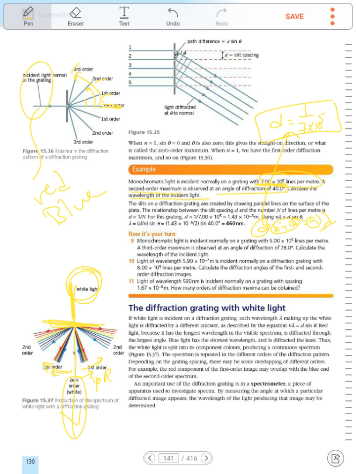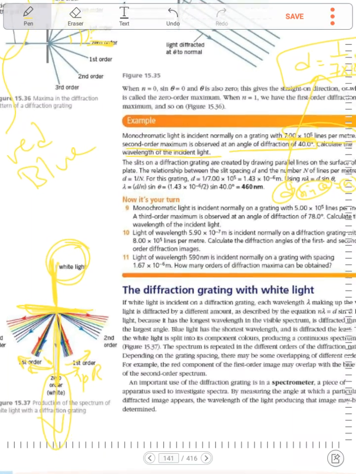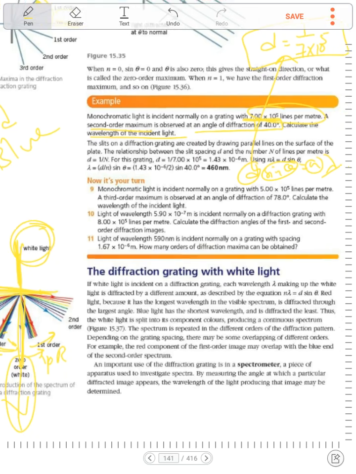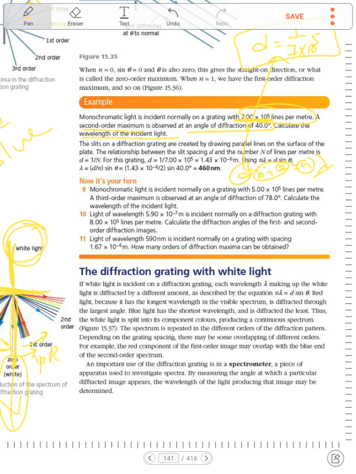The red will be away from the center, and the violet will be closer, because this depends on the wavelength of the red and the wavelength of the violet.